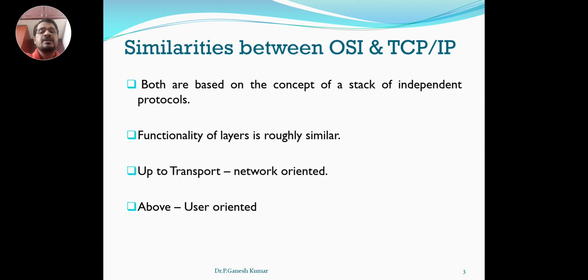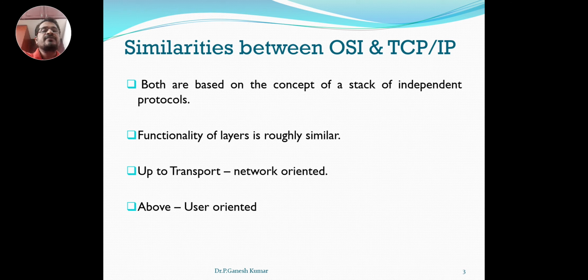For example, the application layer has its own protocols: email, FTP, virtual terminal. There are many protocols according to the application. Similarly, there are the IP protocol, the transport protocols UDP and TCP, the data link layer protocol, and the physical layer protocol. Each one has an independent stack of protocols.